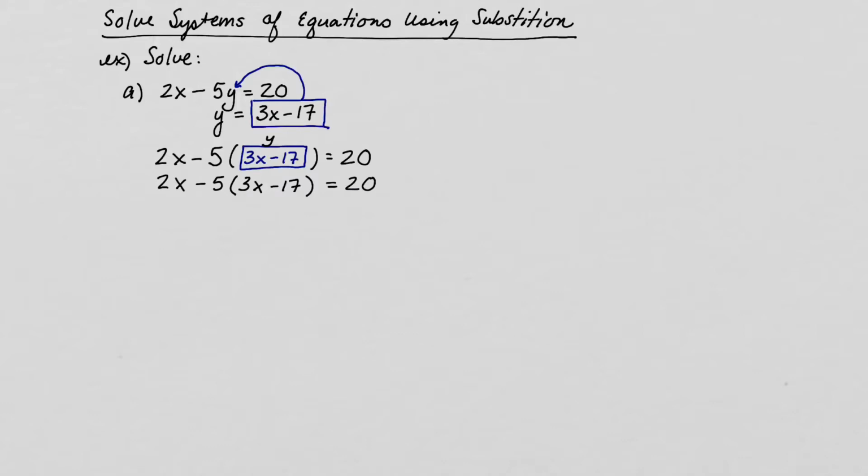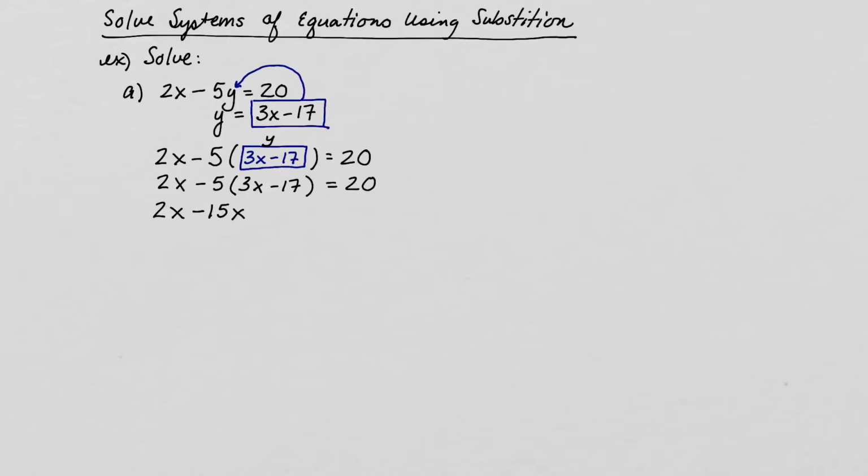And so we're going to go about solving this. The first thing we have to do is take this negative 5 and multiply it times the first thing, and also negative 5 times the second thing. So I have 2x, negative 5 times 3 is negative 15x, and then negative 5 times negative 17.